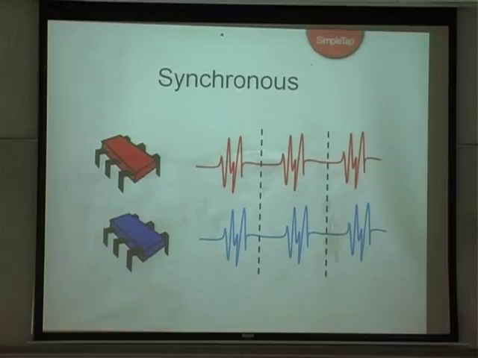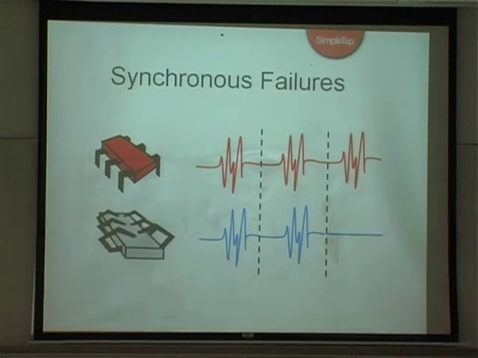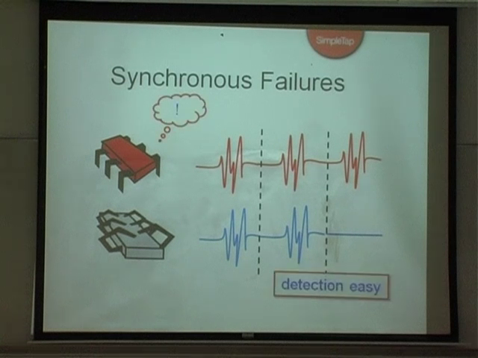There's a whole PRAM literature that's based on the assumption that concurrent machines look like that. The thing about synchronous models is it's relatively easy to detect failures. If I'm expecting a message from you at 1 o'clock and it doesn't show up, then I can assume the worst, because I know that either you crashed or you sent me that message. So failure detection is easy, although there may be some uncertainty about exactly which round the failure happened in.